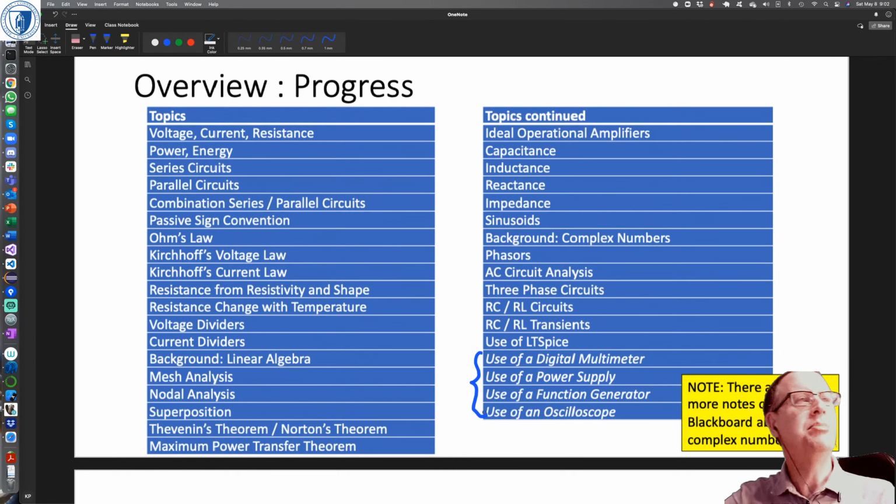And as I think I've said before, one of the things I'm going to continue doing that I wasn't doing before we went remote is using LTSpice, because I think using LTSpice is a good way of being able to look at some of the results of the lab on your own computers. So I think that's a good thing. So I'm going to continue to use that.